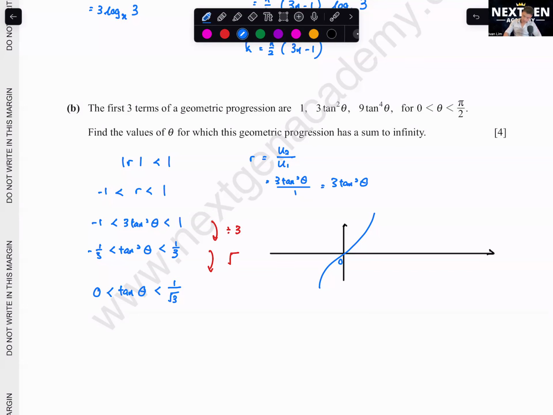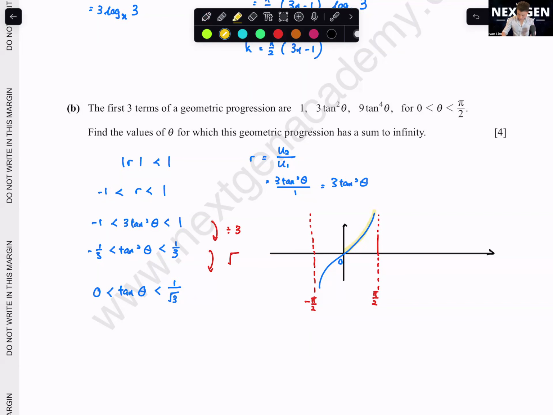Okay, everyone understand until this part? So now let's look back at the tangent graph. How does a tangent graph look like? This one is our 90 degrees, which is pi over 2. This one is negative pi over 2. Where exactly is tangent theta from 0 to 1 over root 3?